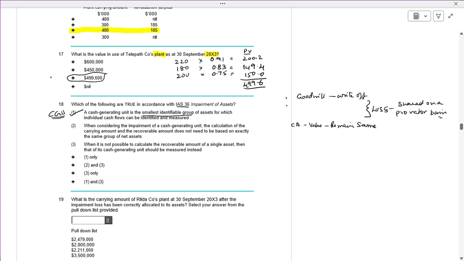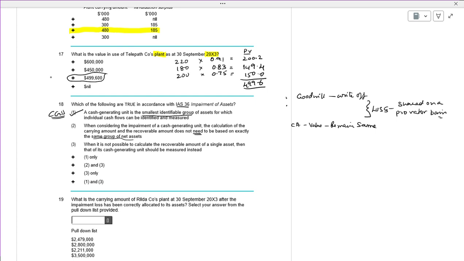When considering impairment of a cash generating unit, the calculation of carrying amount and recoverable amount does not need to be based exactly on the same group of assets. No, it needs to be based on the same.